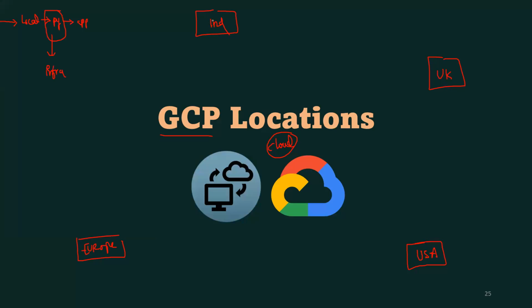Likewise, you are a person from India trying to interact with the cloud and run some application. But where is the infrastructure for the Google Cloud Platform? Google Cloud's infrastructure is properly divided. Whenever someone is interacting with GCP services, they are actually using some infrastructure from Google. So Google's infrastructure is divided all over the world via the concept of GCP locations.